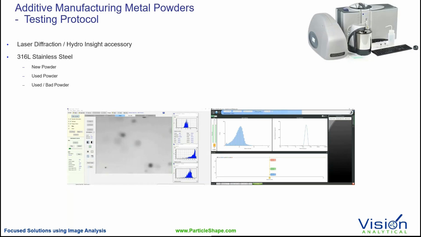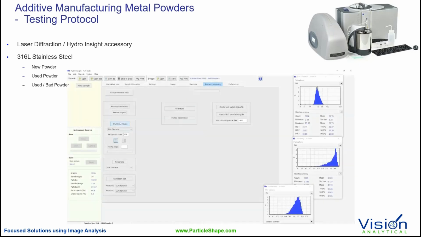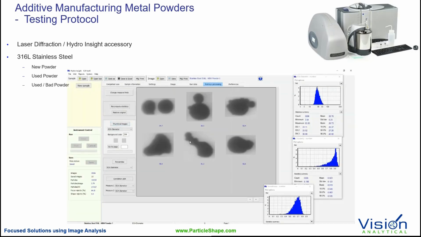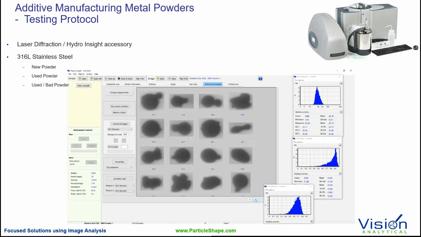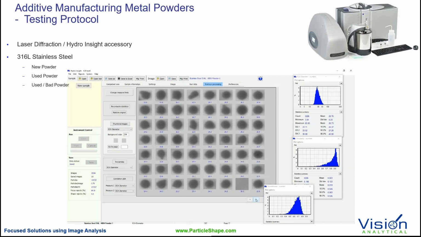It allows the end user to analyze their particles using the Mastersizer, and at the same time, with the same aliquot, it's plumbing it into the dynamic image analyzer, the Hydro Insight, and we're getting shape results, up to 32 different shape measurements, at the same time that we're getting the results for the Mastersizer. So it adds complementary shape information to what you're doing on your Mastersizer.